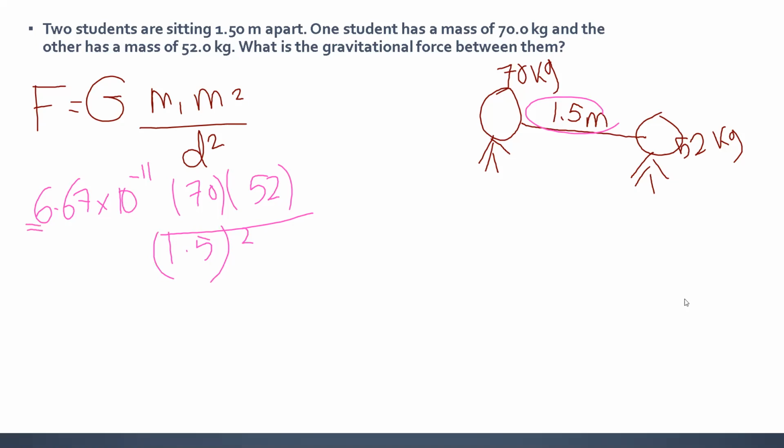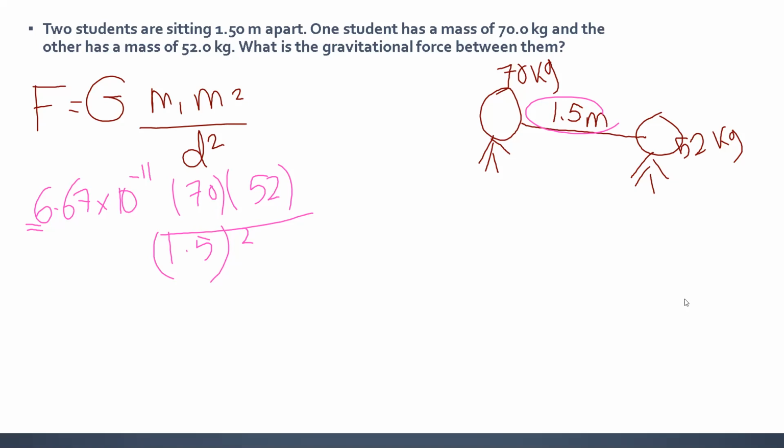So now, let's find the force between them. 70 times 52 over 1.5 squared times 6.67 times 10 to the power negative 11.